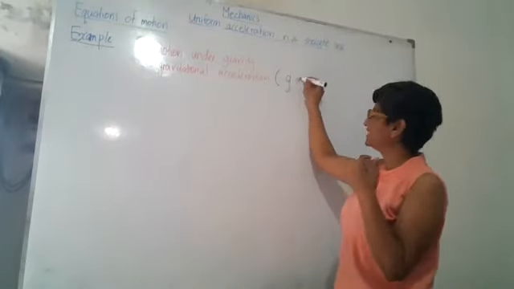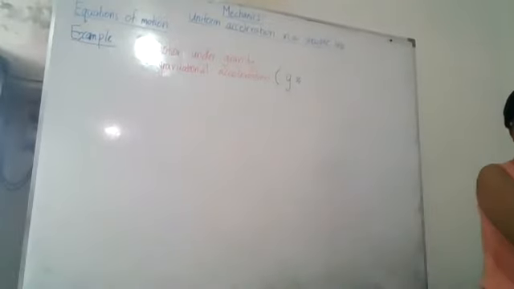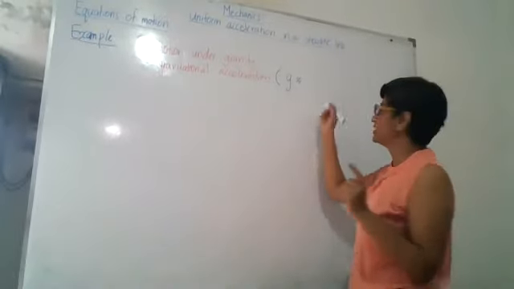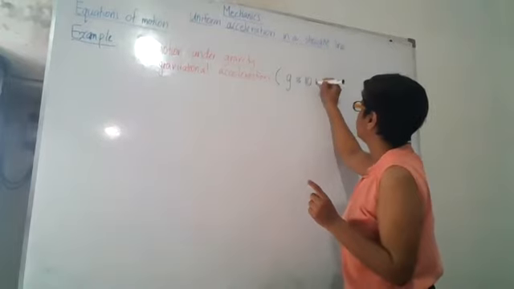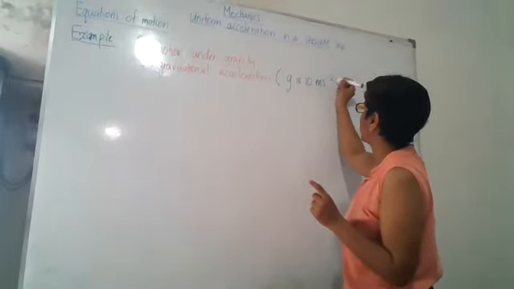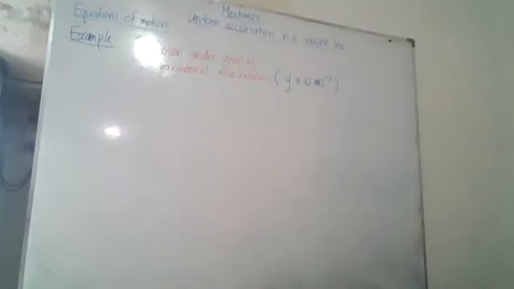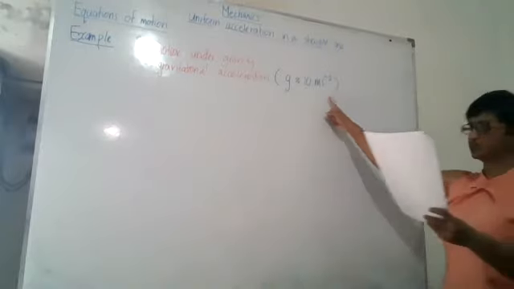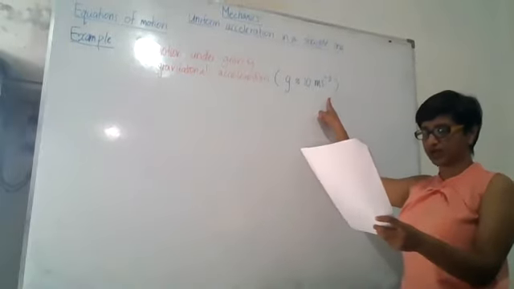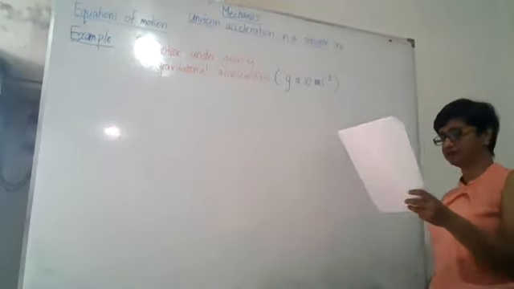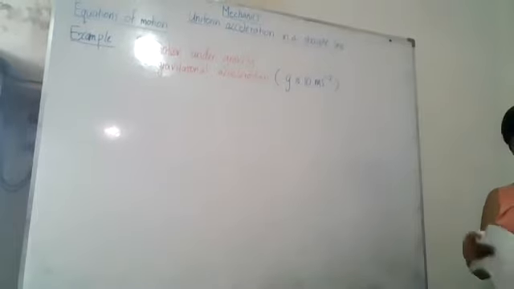It's exactly 9.8 something, but we take it to be 10 meters per second squared. The object will accelerate with gravitational acceleration, within brackets you give the value, close the bracket, in a straight line.